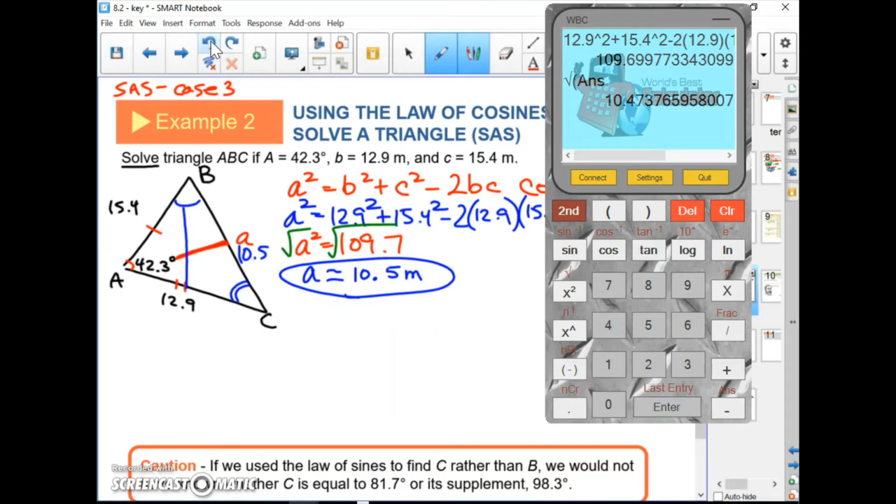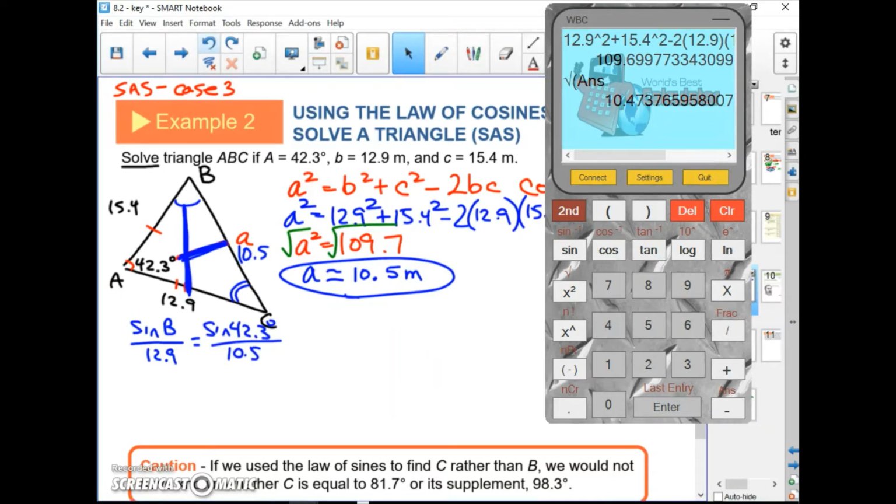Okay? The key for that is, again, this relationship between angle and side. We're going to say sine of angle B over 12.9 is equal to, and we already have a partnership established over here with A, sine of 42.3 degrees over 10.5.